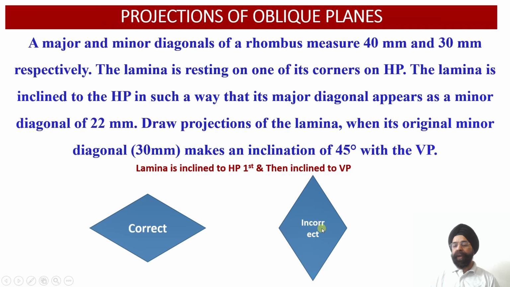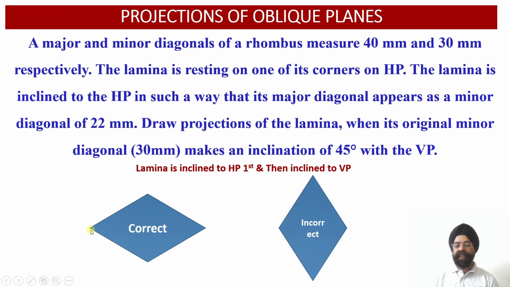So if we choose this orientation and tilt the lamina with respect to the horizontal plane, we will find that the major diagonal will remain unaltered while the minor diagonal of the lamina will get a foreshortened projection onto the horizontal plane. So that is why this orientation of the lamina is incorrect.